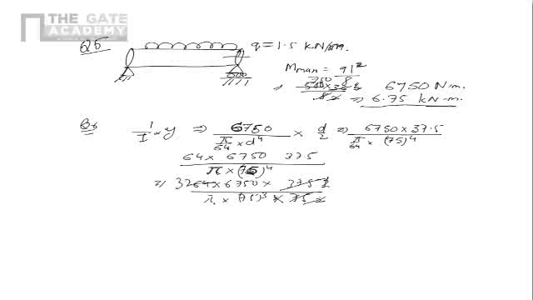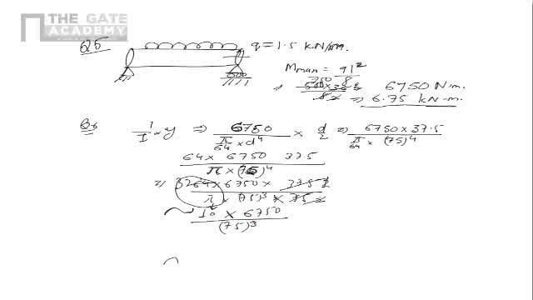The value of pi is 3.14, so 32 by pi is almost 10. So this is around 10 multiplied by 6750 upon 75 cube.